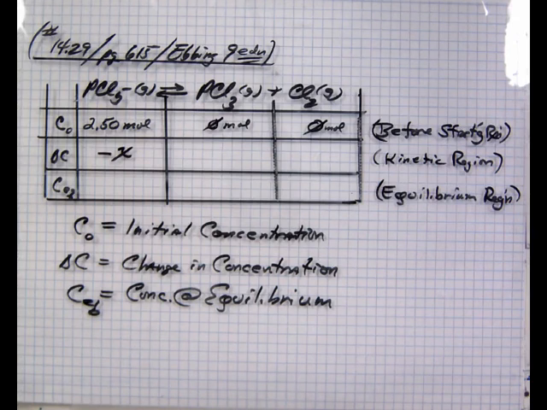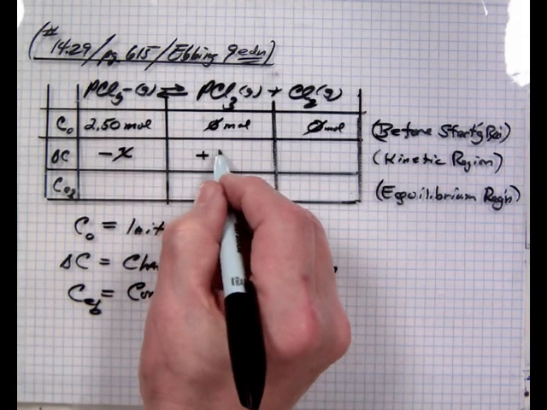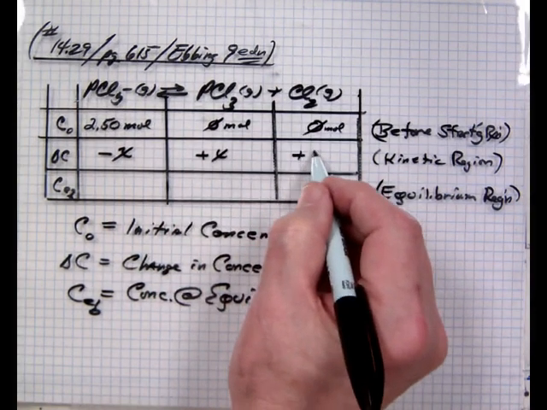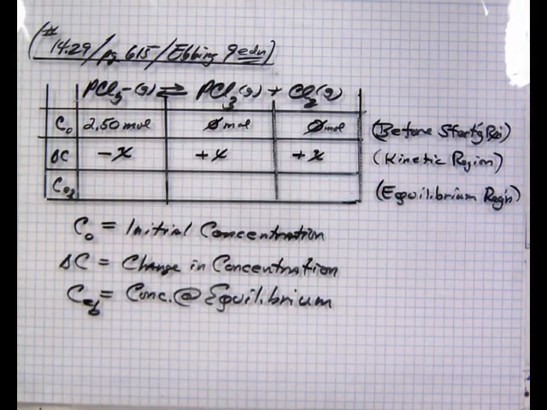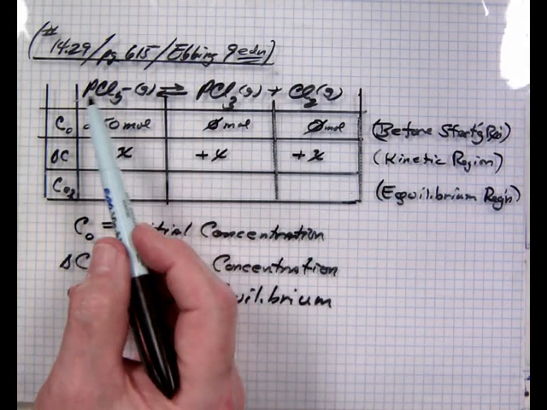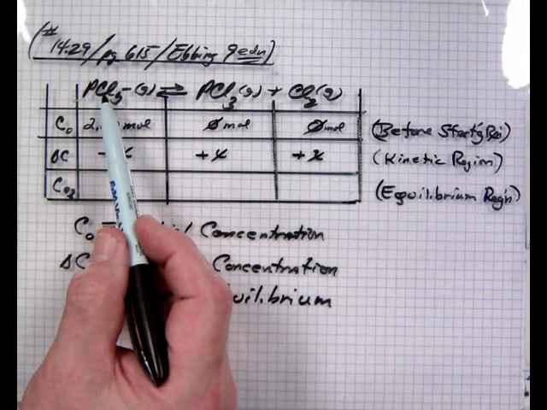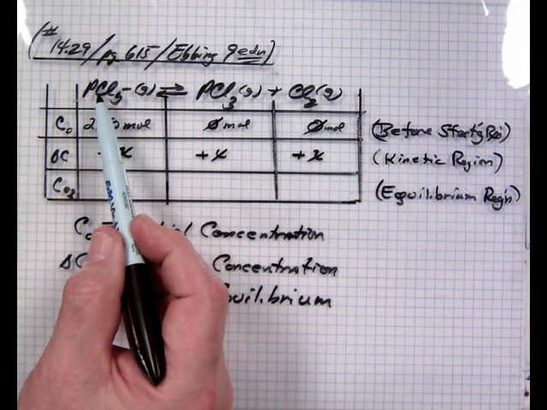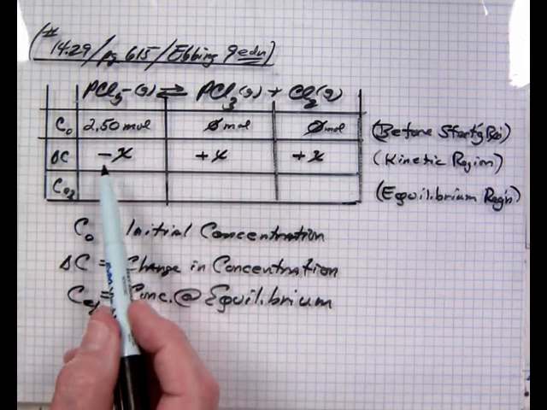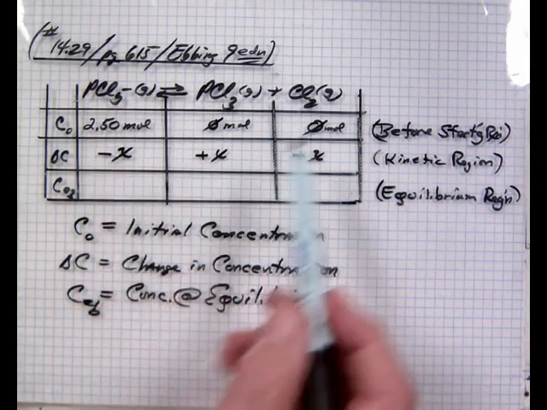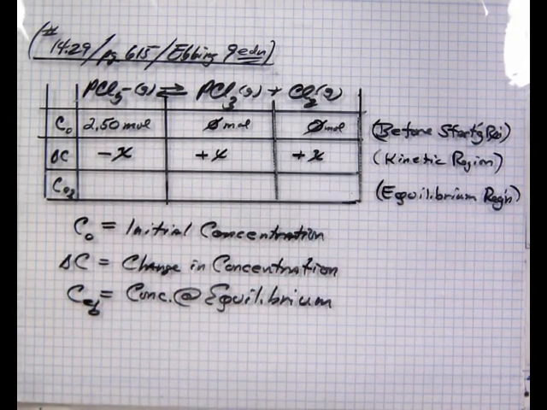Going up. Plus X, plus X. Note, hypothetically, if I had a 2 in the equation, I would have put a 2x here. If I had a 3, I'd have put a 3x. It reflects the ratio of gain or loss.